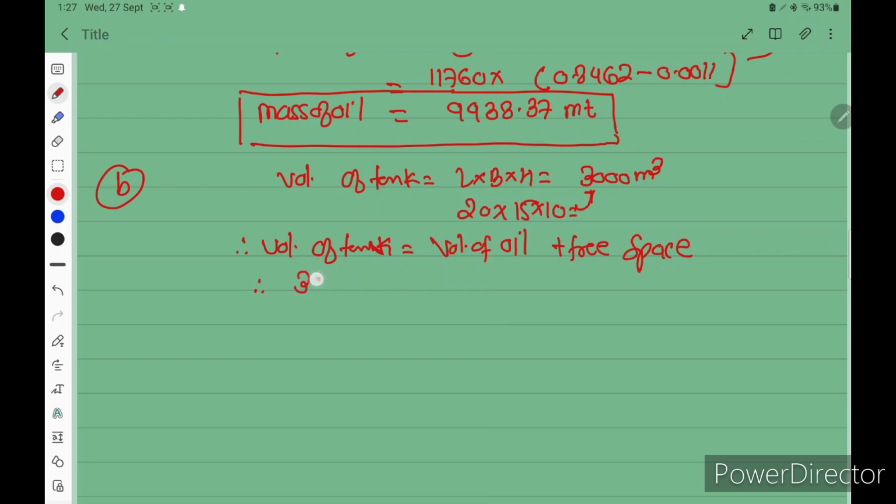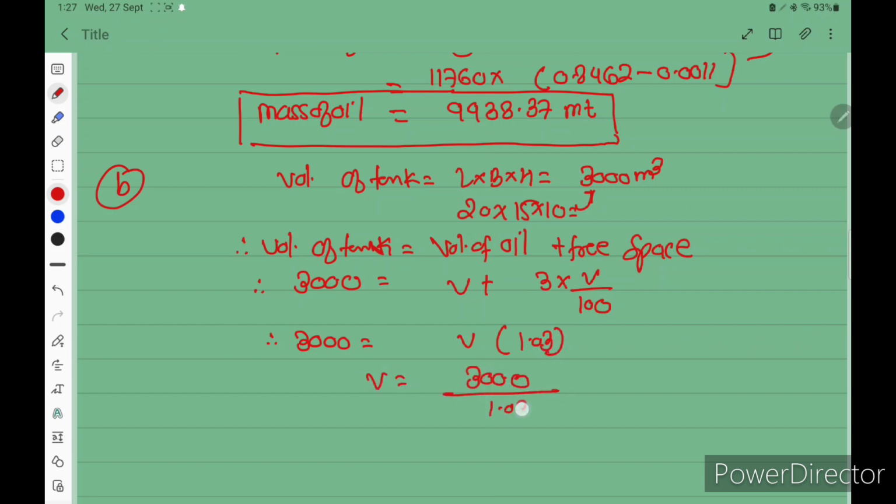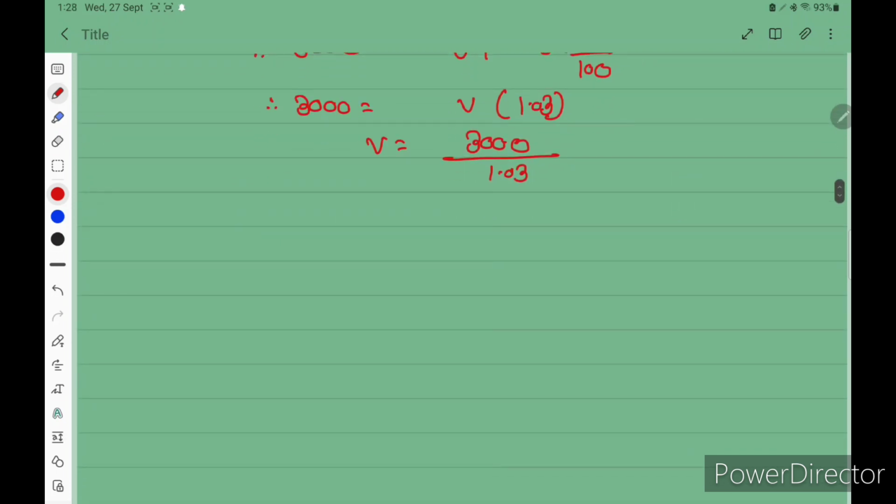So volume of tank is 3000, volume of oil we don't know, and free space is 3% of the volume of oil, so V. Therefore 3000 is equal to V into 1.03, so V is equal to 3000 divided by 1.03. So we get the volume of oil as 2912.62 meter cube.